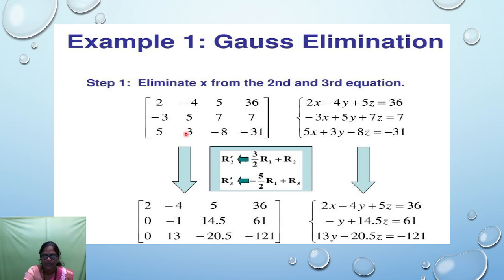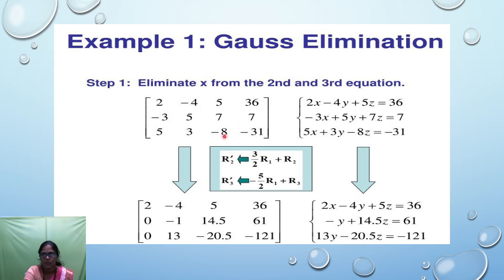Look here. In this element, how will we get it? Multiply 3 with minus 5 by 2. Multiply minus 4 with minus 5 by 2. Okay, then add with 3. So we get 13.